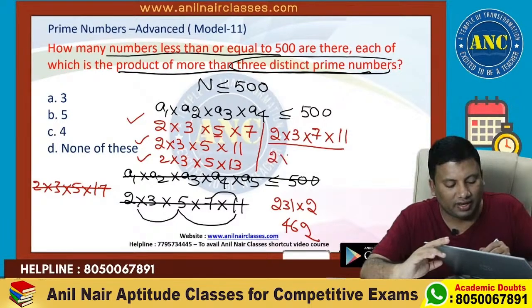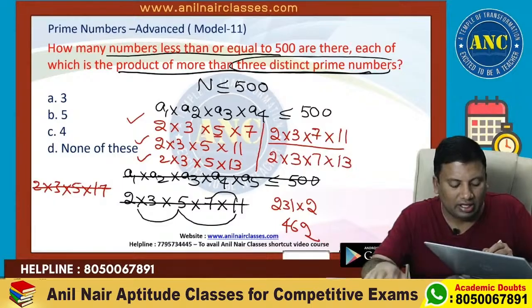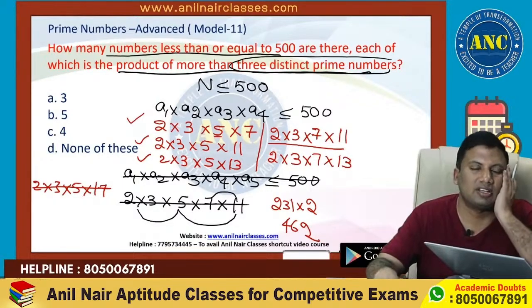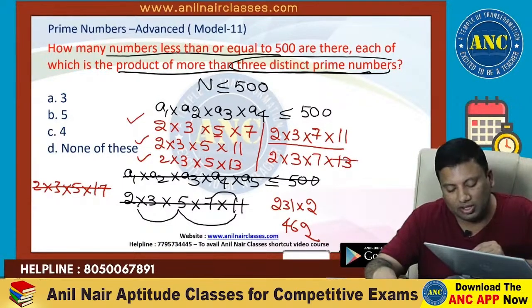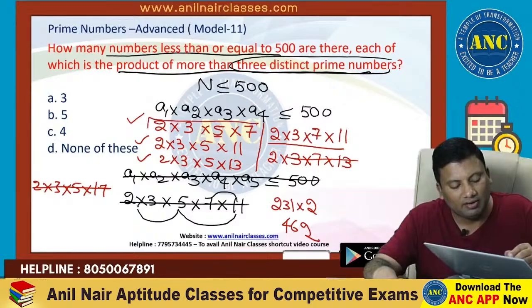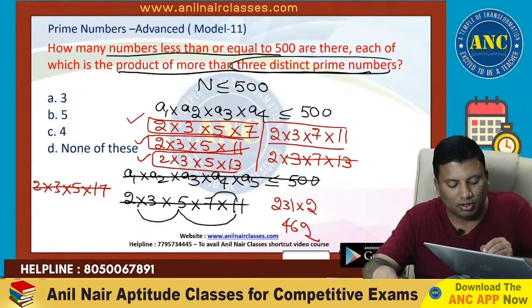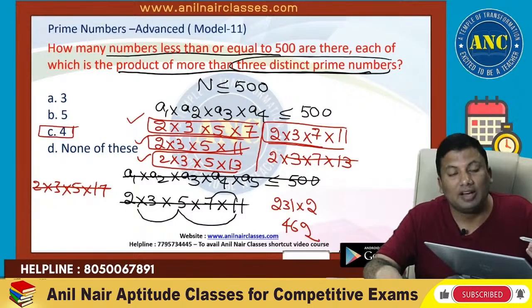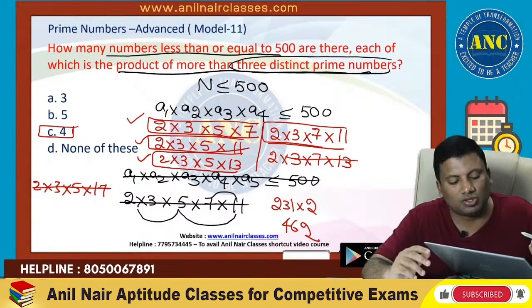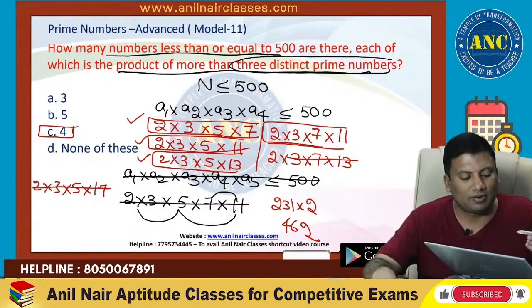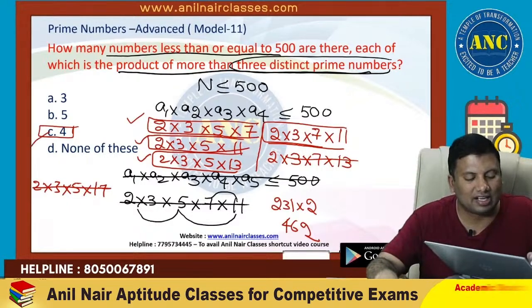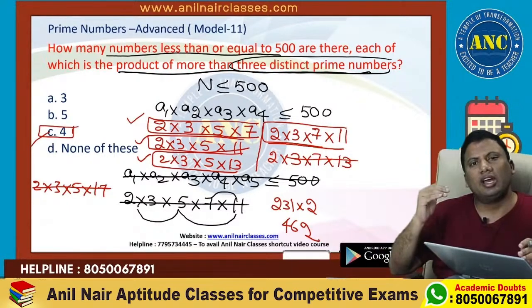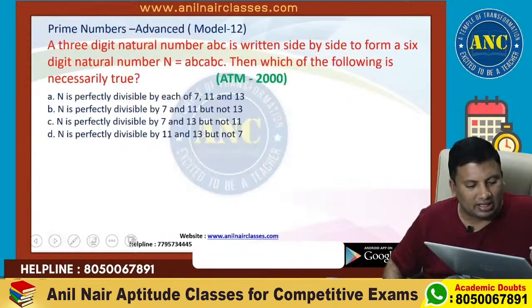Next case, if I take 2 into 3 into 7 into 13, 13 2s are 26, 3s are 78, 78 into 7, it is greater than 500. How many cases we got? 1, 2, 3, 4. 4 cases we got. There are 4 distinct prime numbers whose product will be less than or equivalent to 500. The idea is clear. If you go slowly, step by step, you will keep getting the answer.